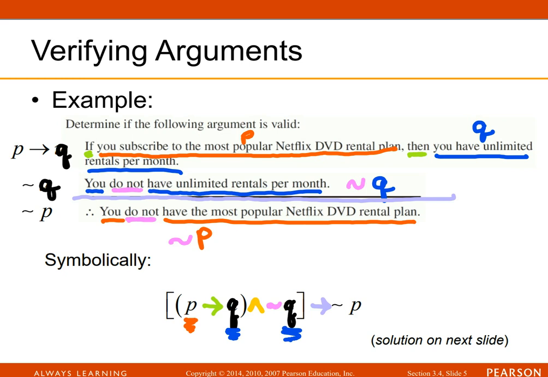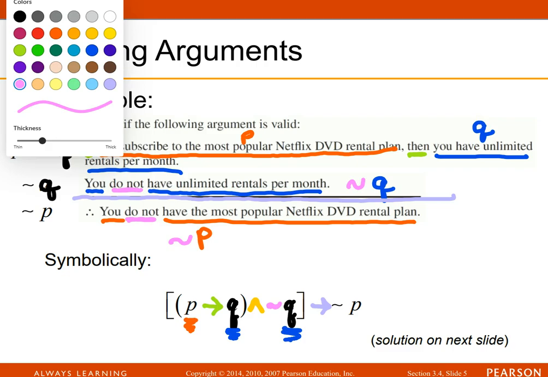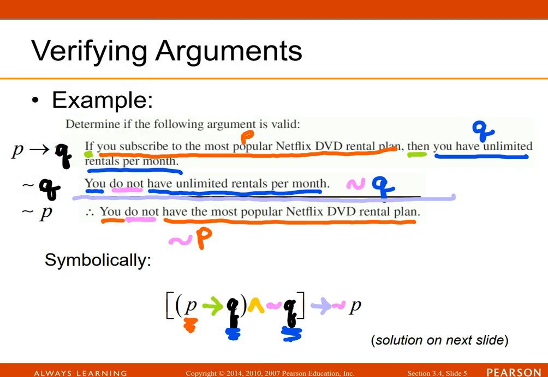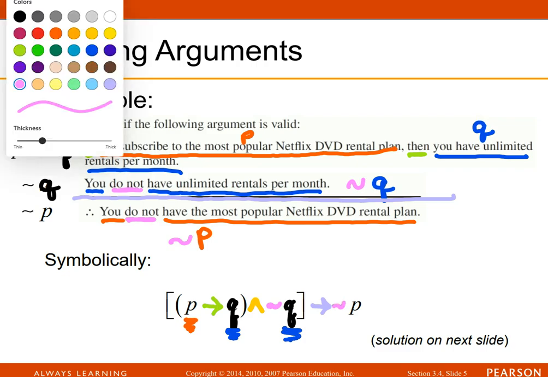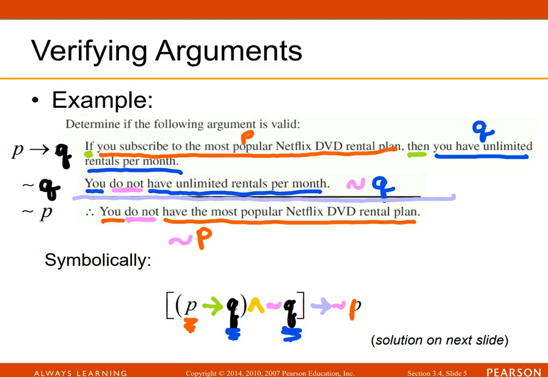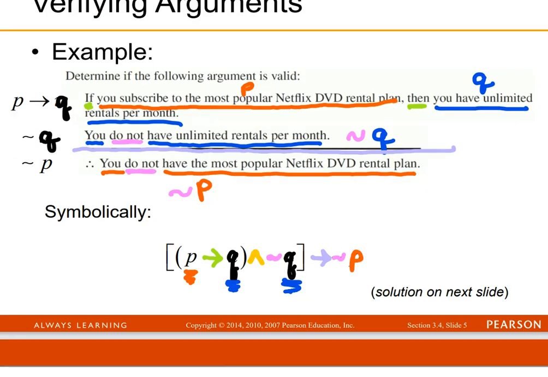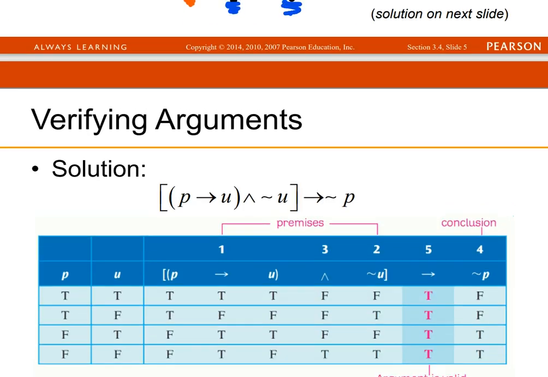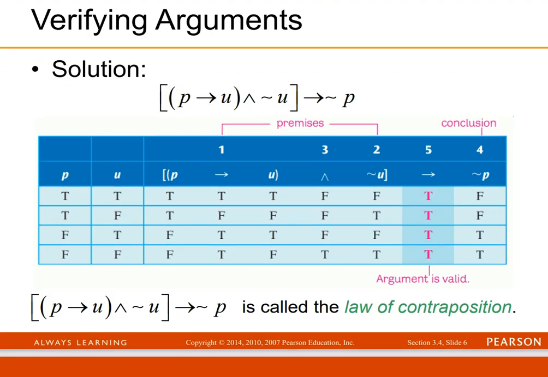And then of course it's if blah blah blah, then the negation of P. And of course, if you go back and look at the piece of paper, there is one that matches that. Yeah, there is.